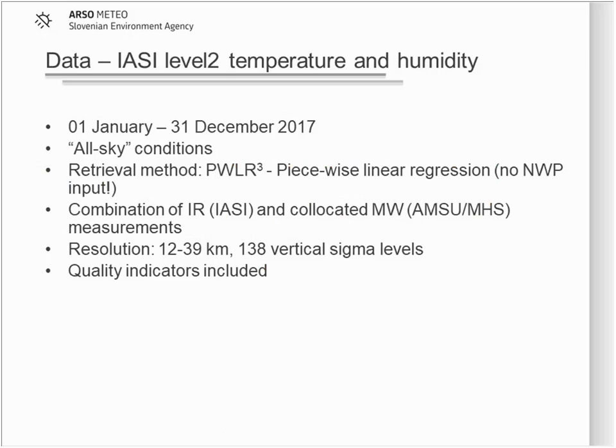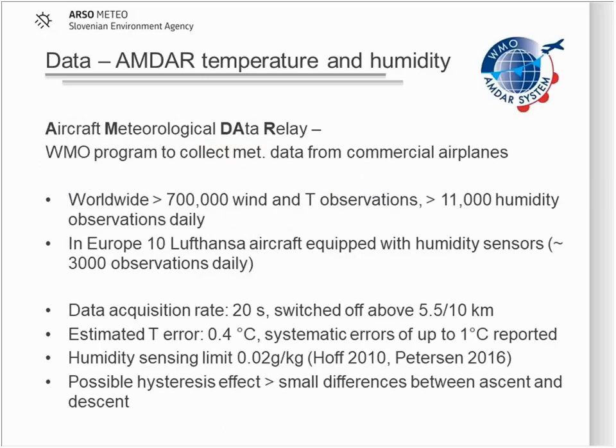Now let's go to the data. For the comparison, I'm using the data that Thomas presented yesterday. It's just the same thing that you saw yesterday, so I'm not going to go into the details here. Then I compare this data to AMDAR measurements. These are measurements from commercial aircraft flying the normal lines every day.